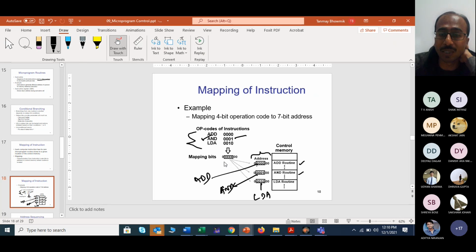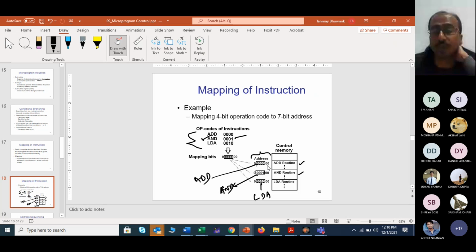Now, it is previously set which bits from your address are used for mapping. Say you are using a 7-bit address: leave the first one, the next 4 bits are fixed for your opcode information, and the last 2 will be some other information.